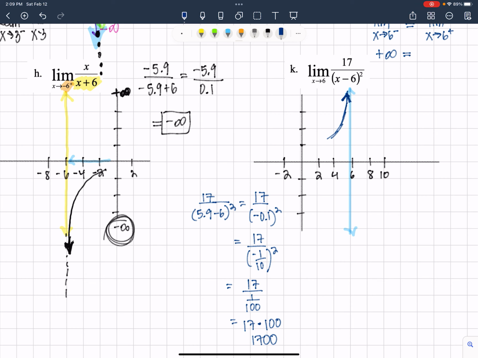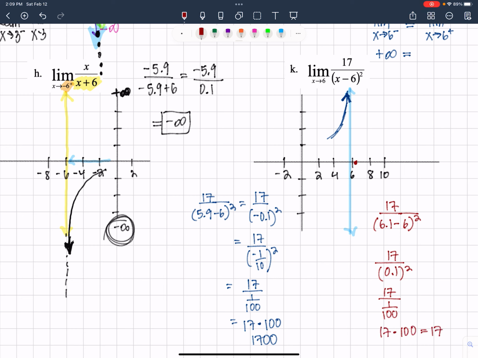Okay, so on the right-hand side, let's change my color here, 17 over, I'm going to pick maybe 6.1. So I'll have (6.1 minus 6) quantity squared, and that's 17 over, 6.1 minus 6 is 1/10, and 1/10 squared is 1/100th, and dividing by 1 over 100 is the same thing as multiplying by 100.